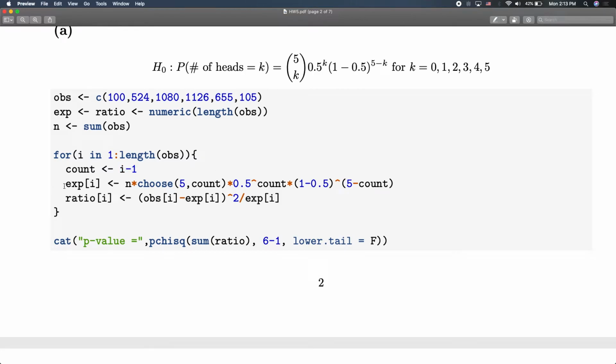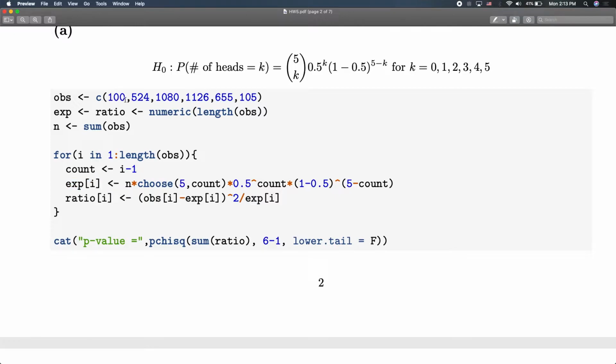The expected value is n multiplied by p, where the probability refers to this binomial distribution, for each k from 0 to 5. Multiplied by n, it gives us the expected count.